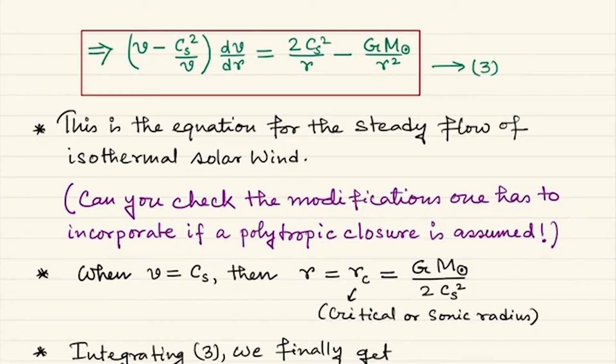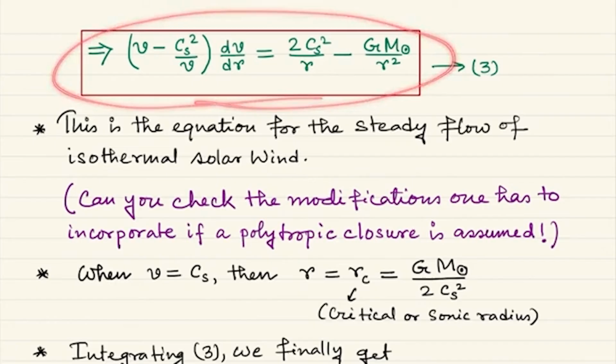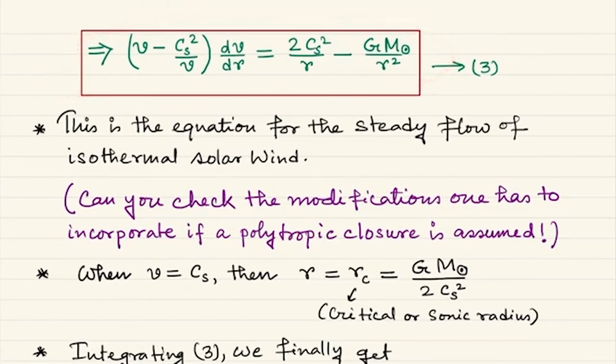Now, it is a very good exercise, you can do it at home yourself. If you are blocked, then I can help, or you can search the literature on the internet, for what will be the modified version of this equation if, instead of an isothermal fluid, you take a polytropic fluid. Remember, at that point Cs² is no longer a constant of the system.